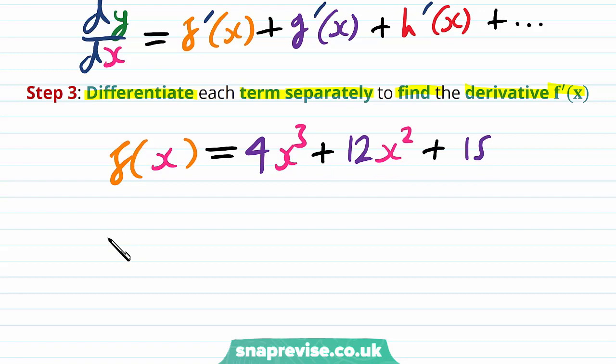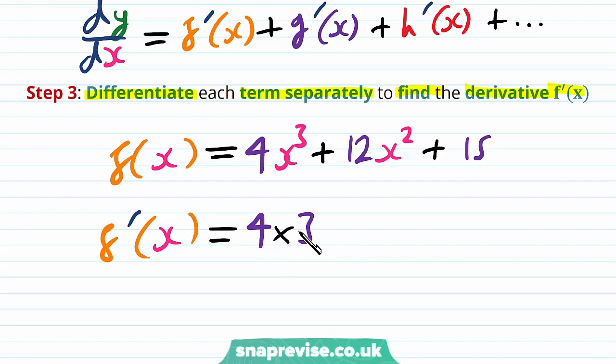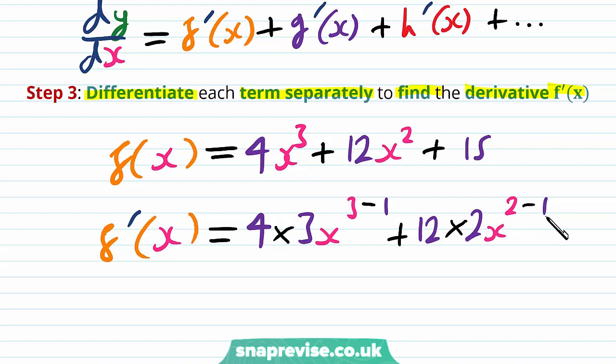And so our derivative f prime of x is going to be equal to, by using our differentiation rules, 4 multiplied by the value of n, which is 3, multiplied by x to the power of 3 minus 1, i.e. we bring the power down by 1, and we have plus 12, the constant outside, multiplied by the power, which is 2, multiplied by x to the power of 2 minus 1, and then the 15 just goes away.